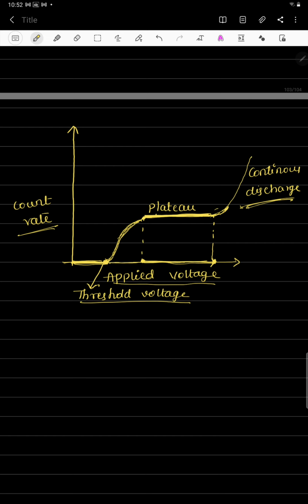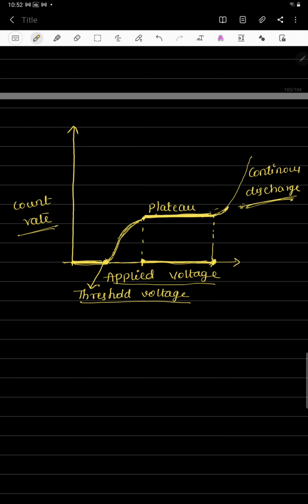If we want the exact number of counts, we have to operate the GM counter within this region where the count rates are almost constant, and this is independent of the energy of the ionizing particle. Whatever the energy of the ionizing particle, if the applied voltage is sufficient, we are going to get almost constant counts.